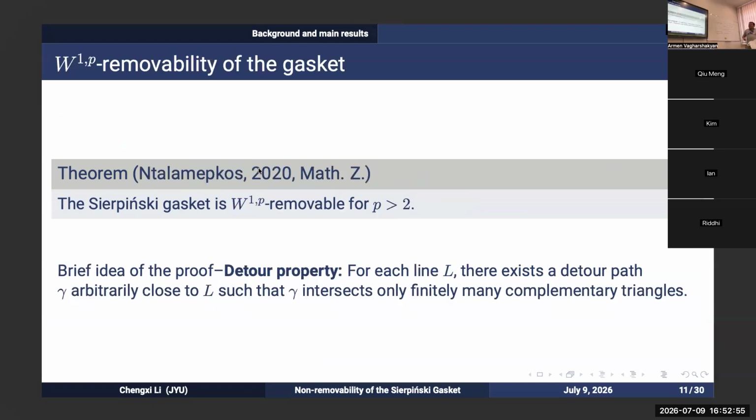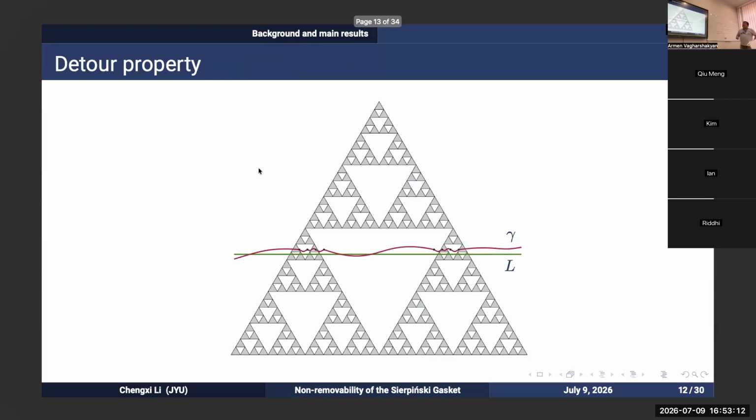And this is just the brief idea of proving the W^{1,p} removability for p larger than 2. It is about the detour property. Since it's not very important, it's not shown in this paper, so I can just show a picture like this. It just means that gamma is a kind of detour of the straight line, and if it has this property, then the removability can be proven.